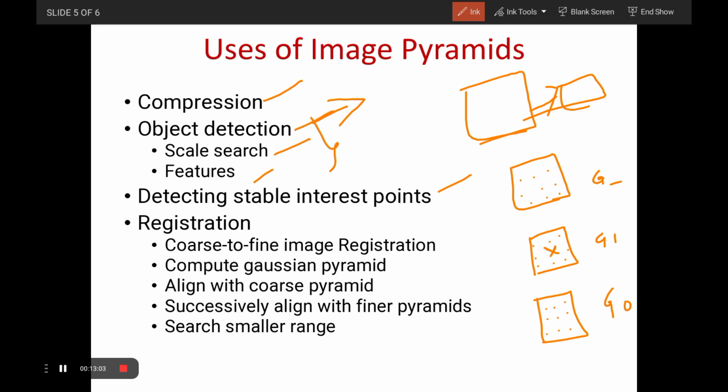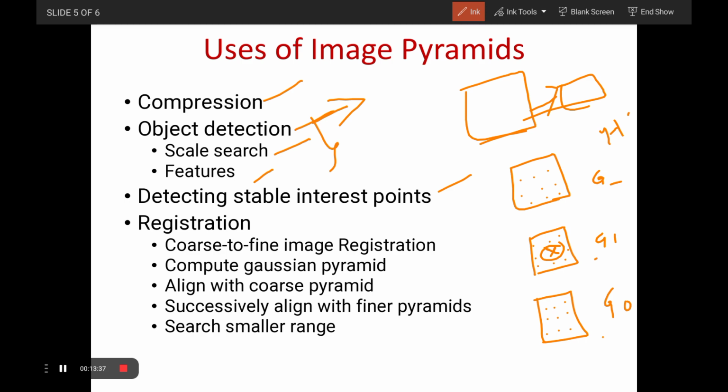This pixel is compared with the two neighboring images, G2 and G1, and likewise within its own image. That is 9 pixels, plus 8 in its own image, which is 17, plus 9, so the same pixel is compared with 26 pixels. You can identify whether the pixel is a maximum with respect to the reference pixel. That is generally called detecting the stable point.